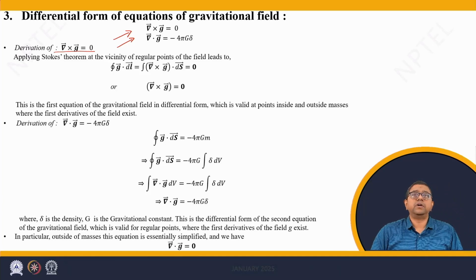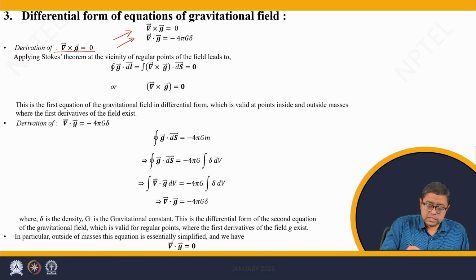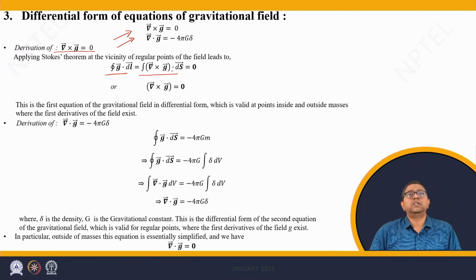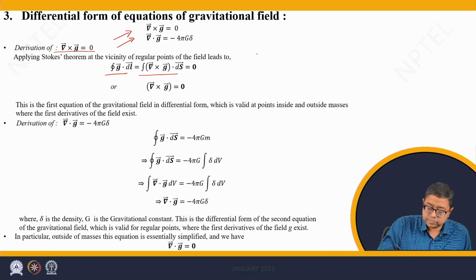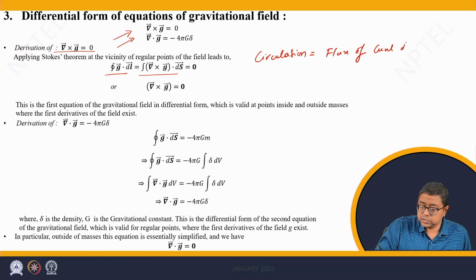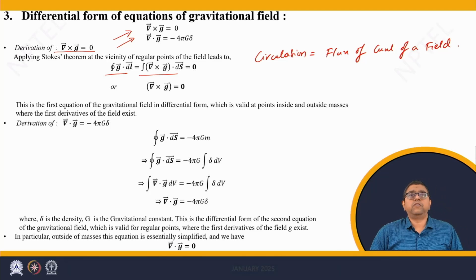Recall the Stokes theorem, which links line integrals with surface integrals. The Stokes theorem says that the circulation is equal to the flux of the curl of a gravitational field. From previous discussion, we have obtained that the integral of g dot dl equals 0.